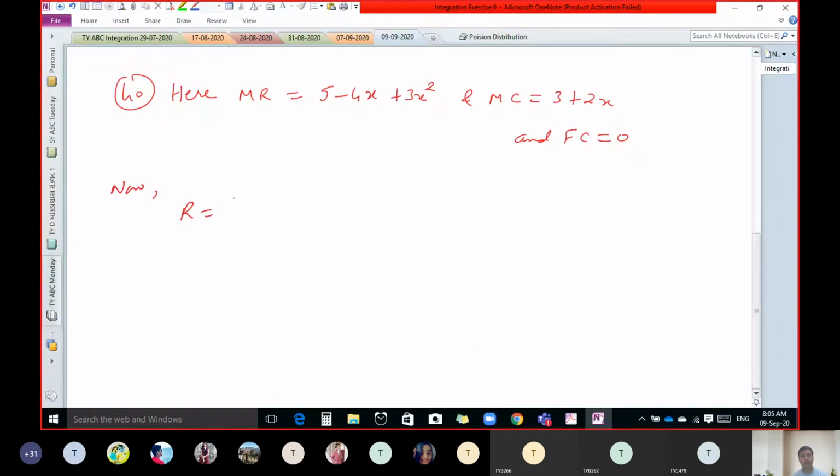Now, revenue is nothing but the integration of marginal revenue. So, revenue equal to integration of 5 minus 4x plus 3x square with respect to x. And now it is a simple question of integration. We know how to find the answer of this. Take separate integration of each term.